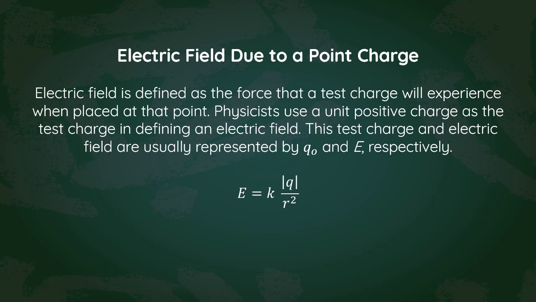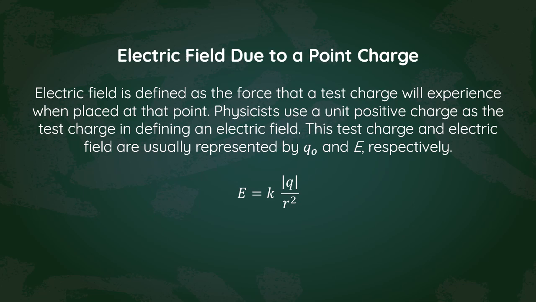Now, the electric field due to a point charge. Electric field is again defined as the force that a test charge will experience when placed at that point. At specific parts of the electric field, a test charge, or the charge subject to the electric field of another particle, will experience a different electric force if placed on different parts of the electric field.